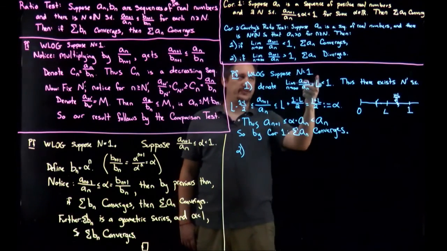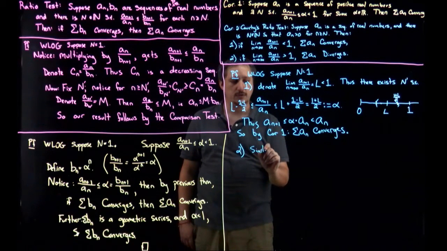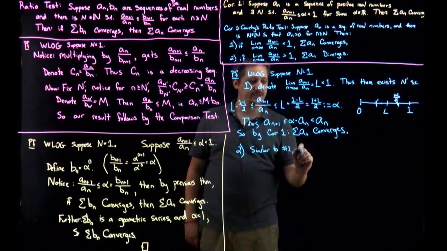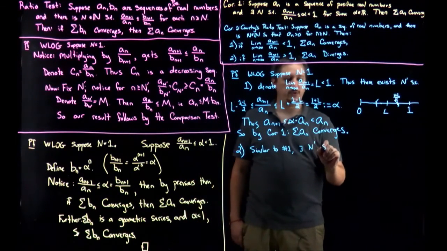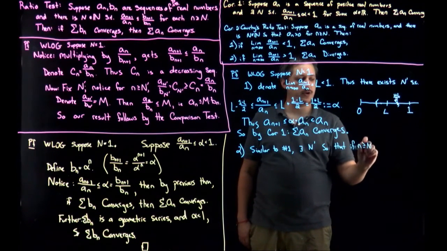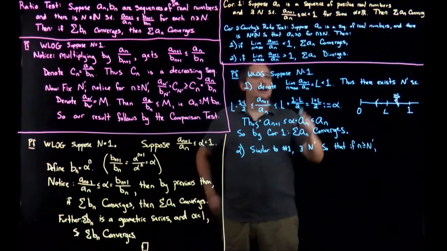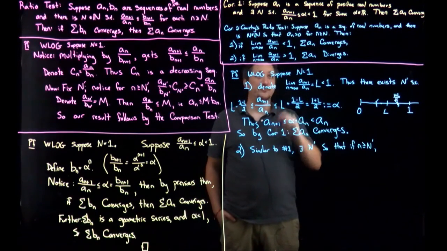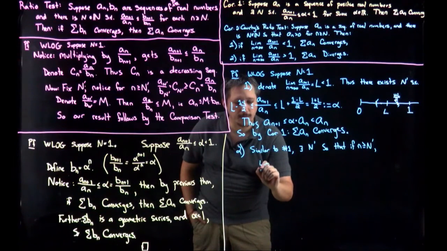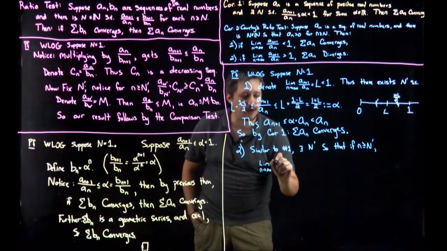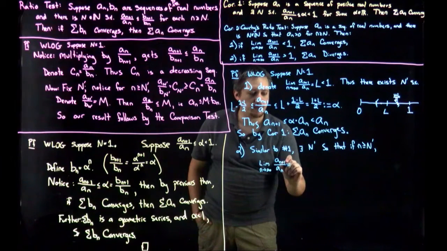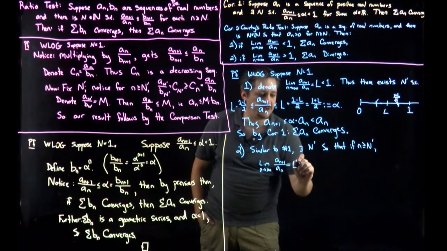So, similar to number 1 in the proof, there exists n prime so that if n is greater than or equal to n prime, I have that the limit as n goes to infinity of an plus 1 over an, which I will define as L prime, is greater than 1.